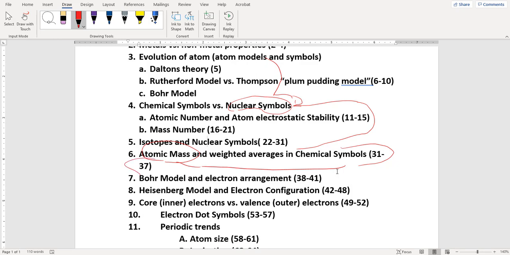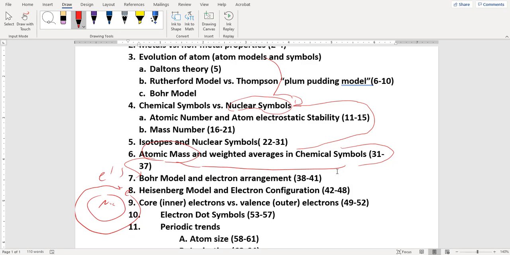Now we're going to get into electrons and how they're configured around the nucleus. We've already talked about the Rutherford model. Now we're going to talk about two sister models called the Bohr model and the Heisenberg model. In chemistry land, we really care about the electrons, unlike in physics land.